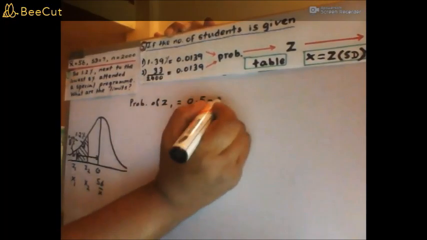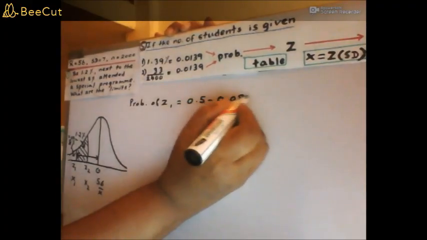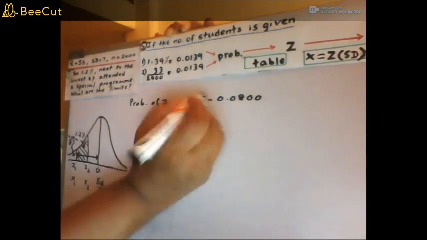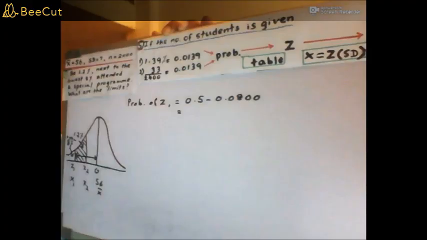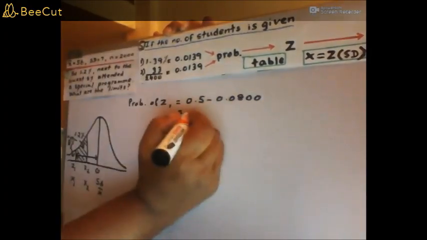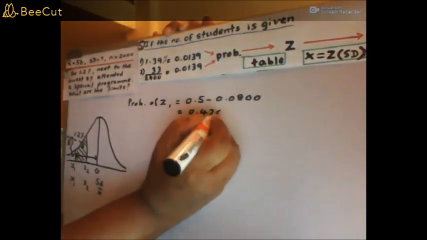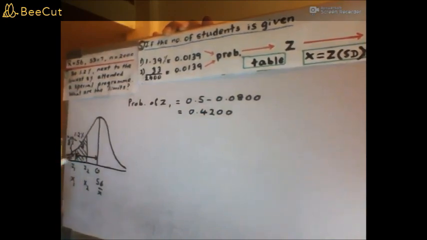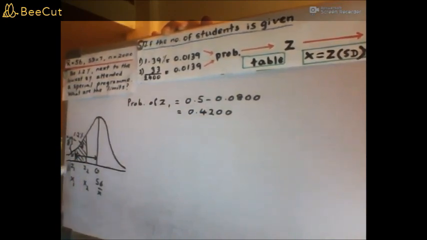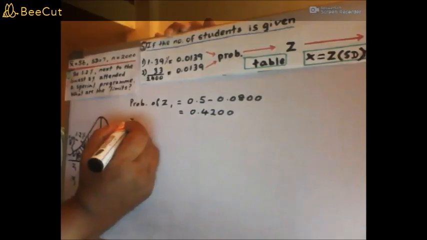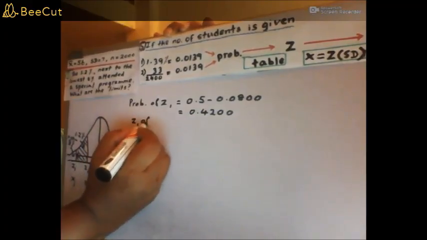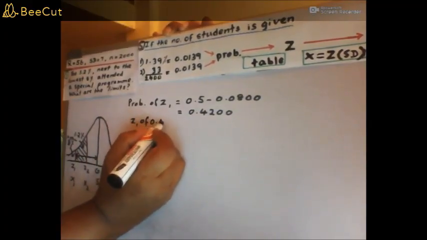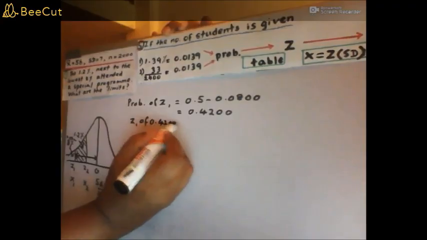So 0.5 minus 0.0800. The answer is 0.420. That is this. Now find the Z value. Z1 of 0.420.